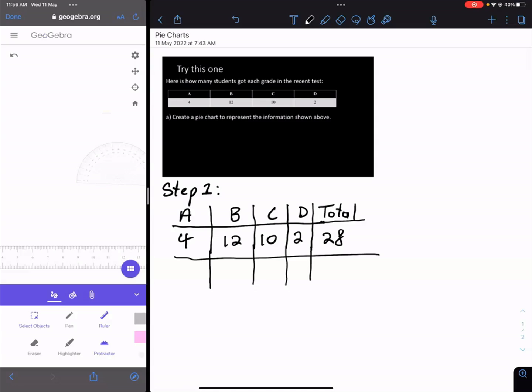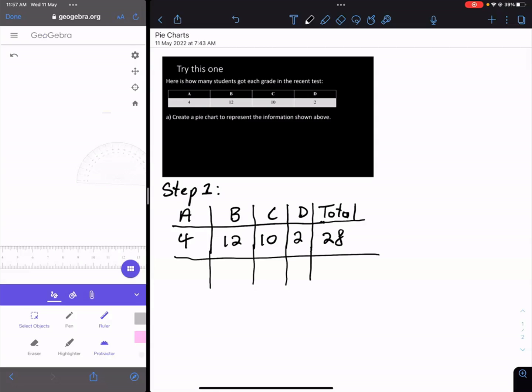So to do that, we could think of the pie chart as a whole, and the sectors or the slices of that pie chart, we could think of those as fractions of that whole. So we could change each of these data, A, B, C, D, into fractions. Since we already have our total, that would be our denominator, and our numerator would be the number of students.